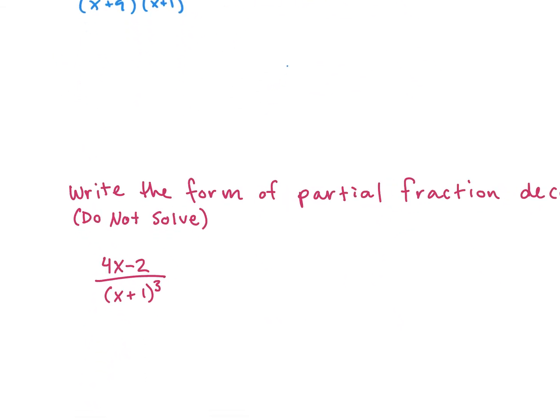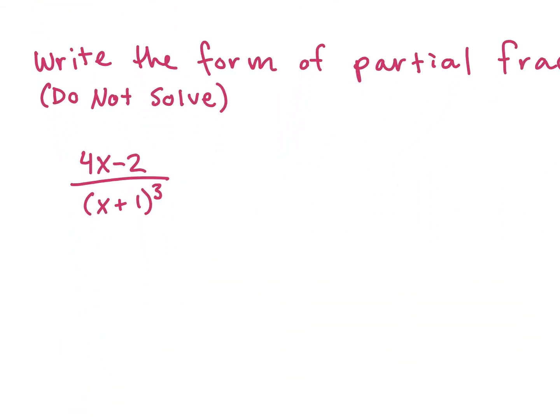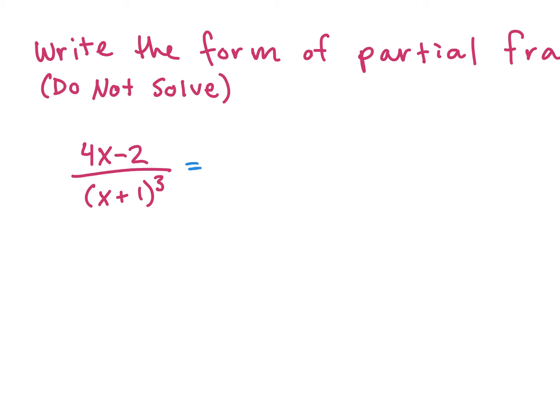All right, so the next one looks a little bit different. This is really good. So again, this one's a little bit different. When we have a binomial with an exponent, each partial fraction has to be that binomial with the exponent leading up to whatever exponent we have.